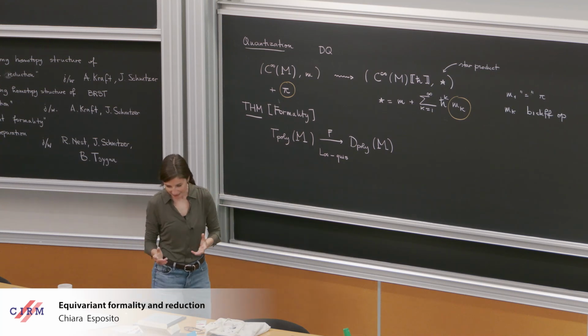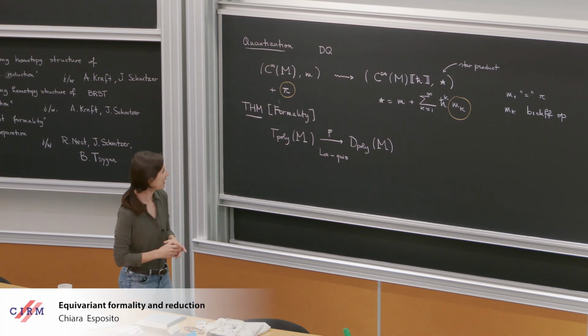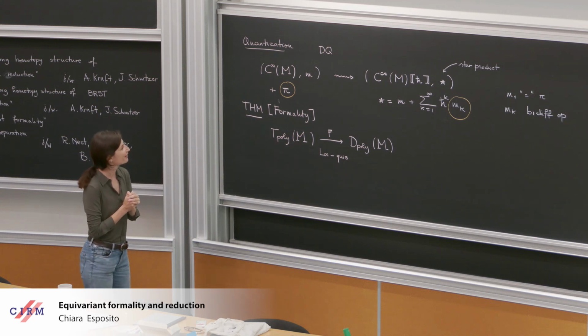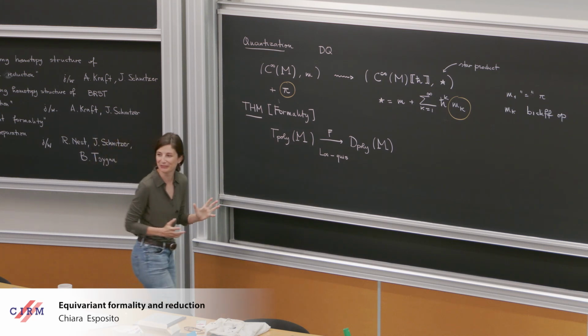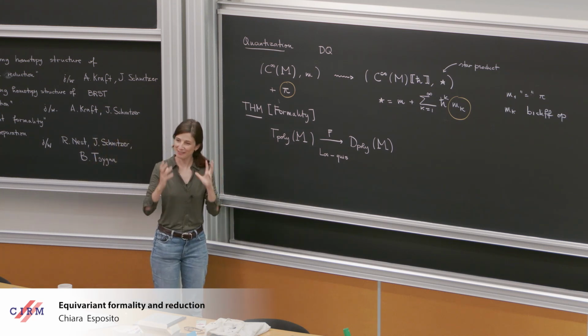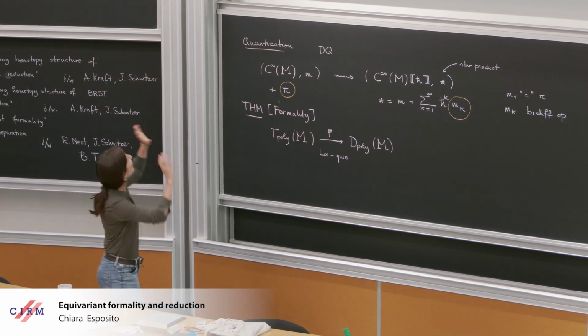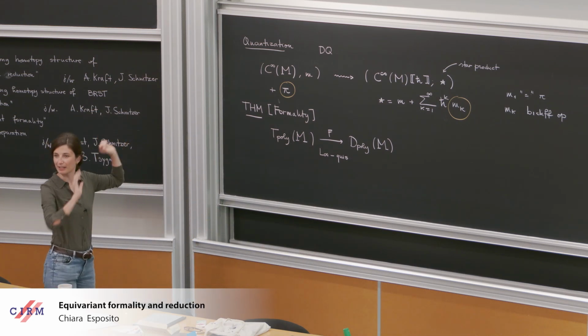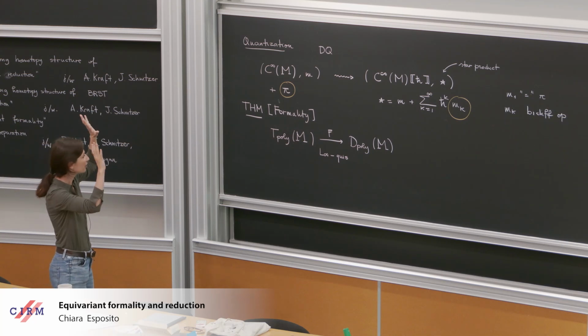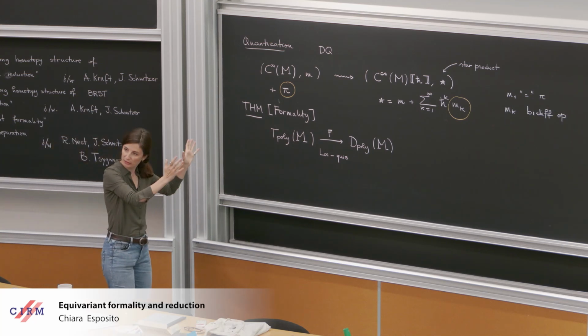So, as I said, this is a very short way to say what formality is, but it's good to have this in mind. And now you see I have my two words in mind: reduction and formality. This is what I mean by quantization.